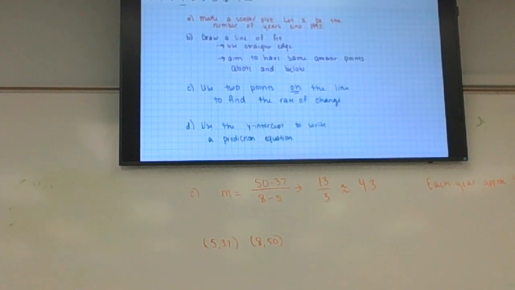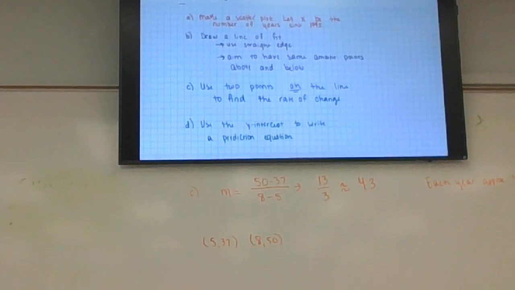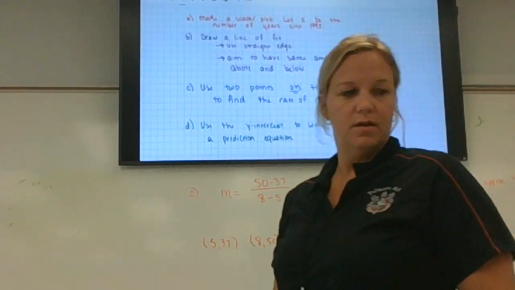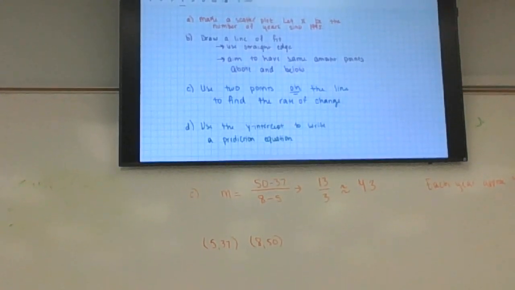Shortcut to point slope form is I can actually see my y-intercept. I'm okay with you guys using this y-intercept. So my y-intercept's 15. I'm not going to calculate it, I'm just going to use the one I see. My one is like 9.